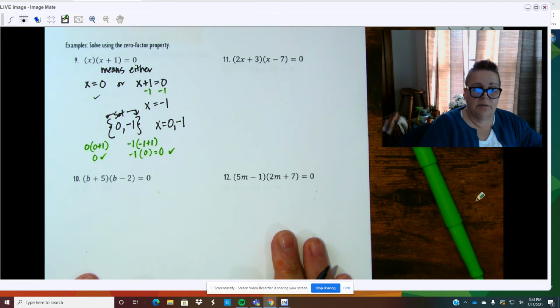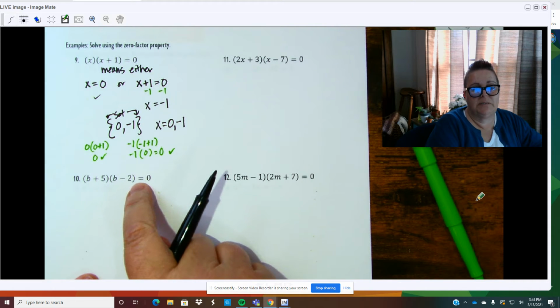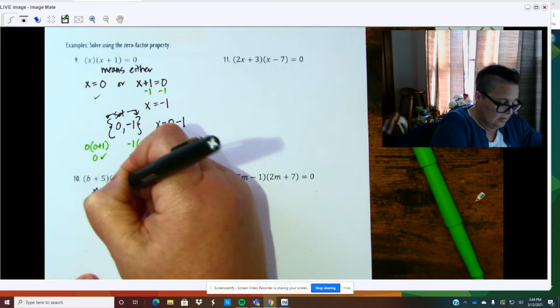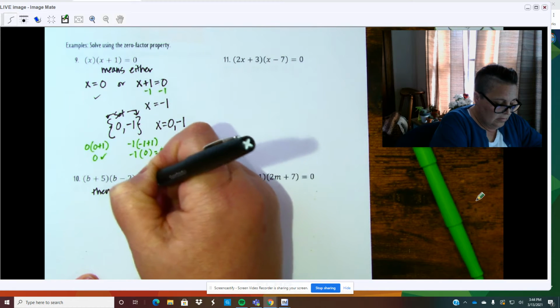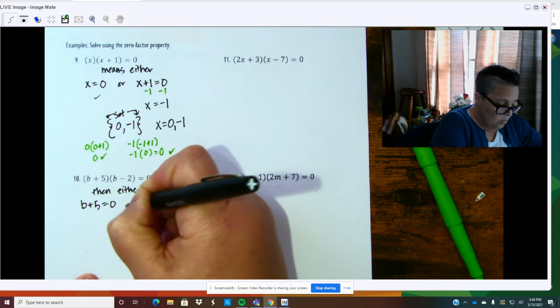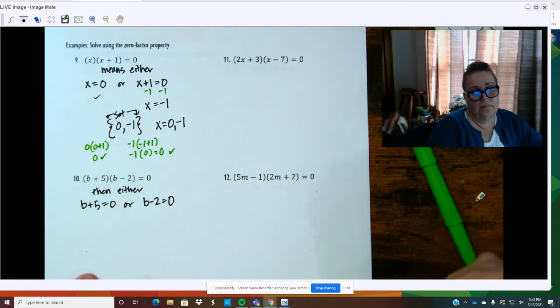All right, similarly, if b plus 5 times b minus 2 is equal to 0, then either b plus 5 has to be 0 or b minus 2 has to be 0.